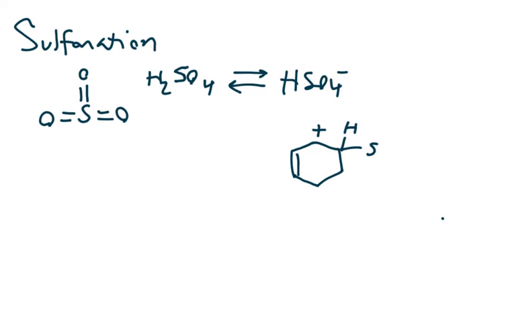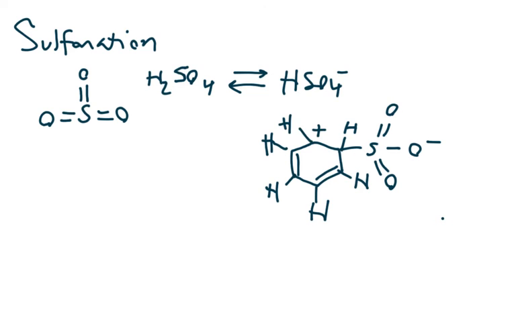And at this point, the SO3 is actually going to look like this, because we had the benzene attack it, and then we needed to have some type of leaving group, and that was one of the bonds and one of the oxygens. But this HSO4 minus is just going to take a proton, and this is going to finish off the reaction like that.